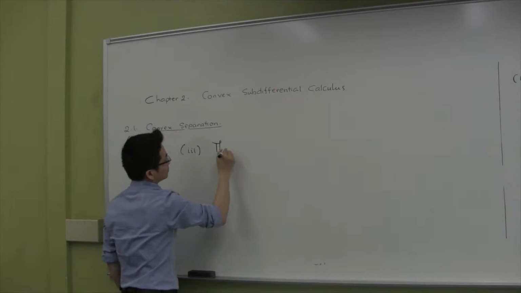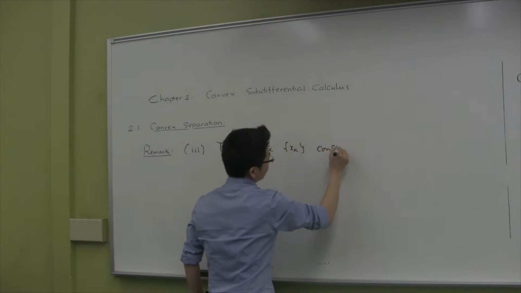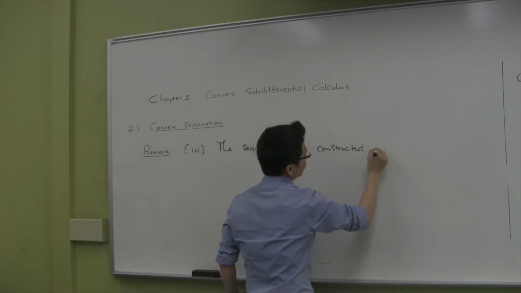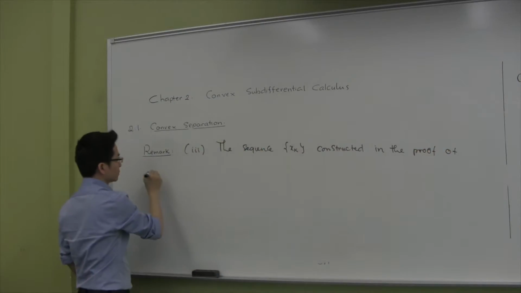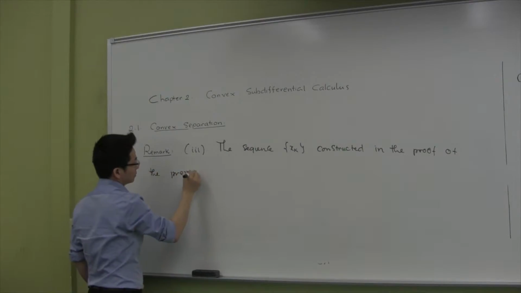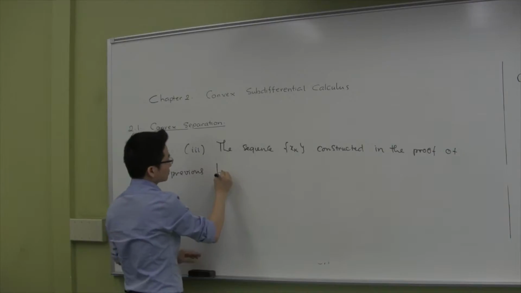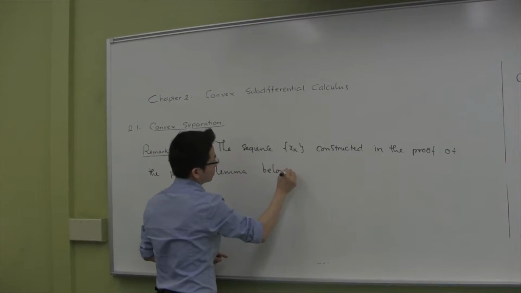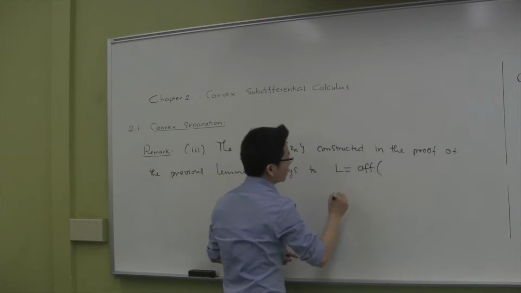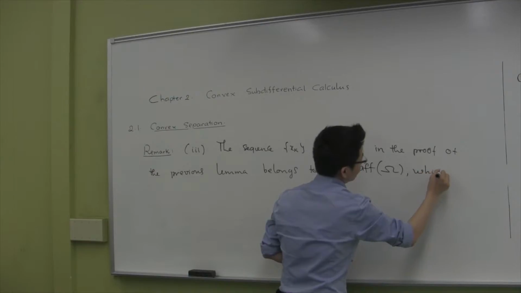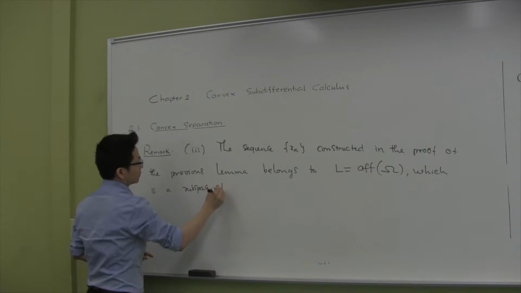The sequence xk constructed in the proof of the previous lemma belongs to the set L, equal to the affine set generated by omega, which is a subspace of Rn.